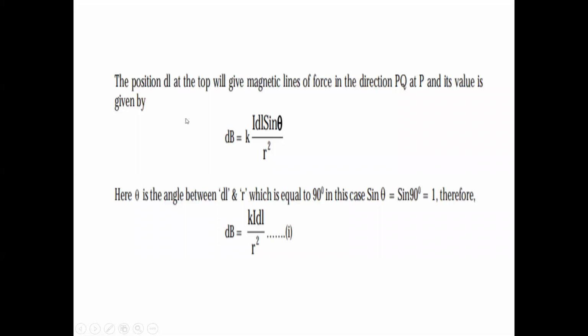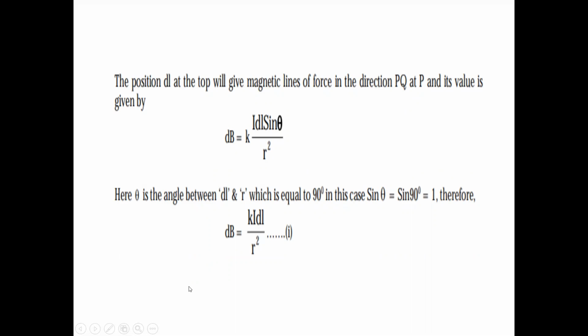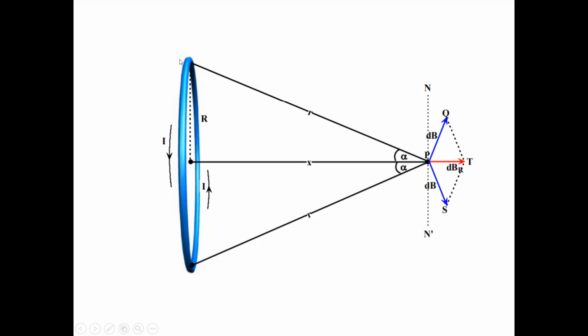Now, to determine the magnetic field intensity at the point P, the top element dl will give magnetic lines of force in the direction PQ at P. So due to this top dl current carrying element, the magnetic field at the point P is in the direction of PQ.